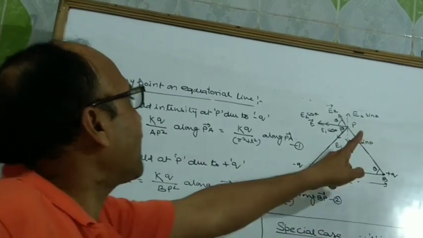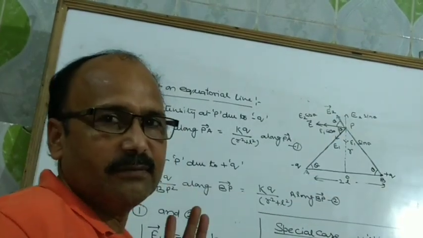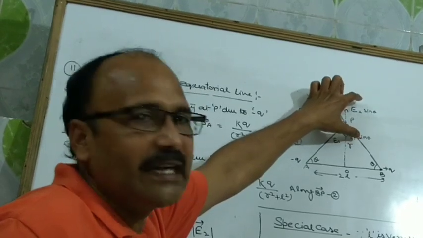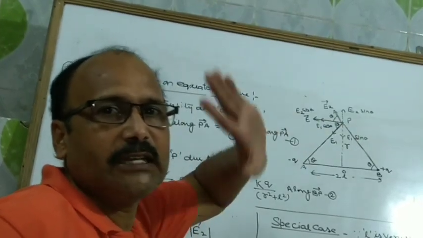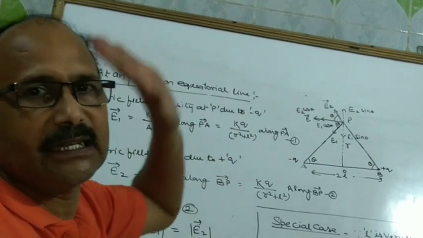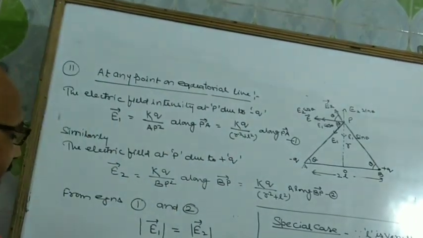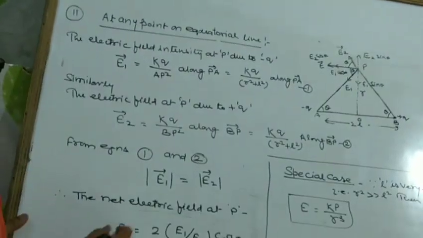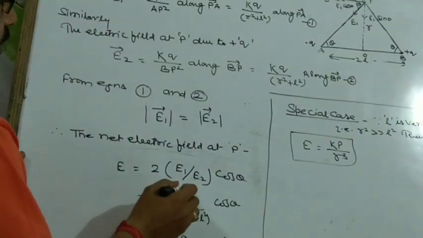We know that the magnitude of E1 and E2 are same. It means these two components are equal and opposite to each other, so these will cancel each other. So the net electric field at P will be equal to 2 into E1 or E2 cos theta.